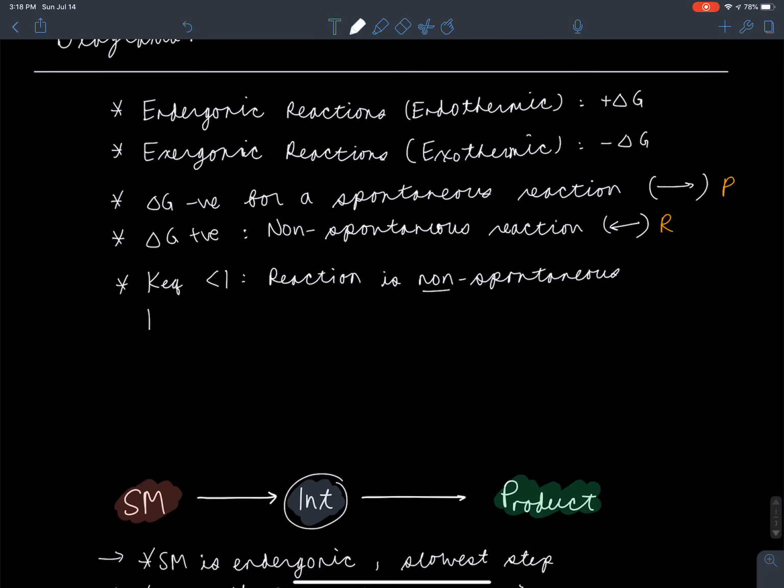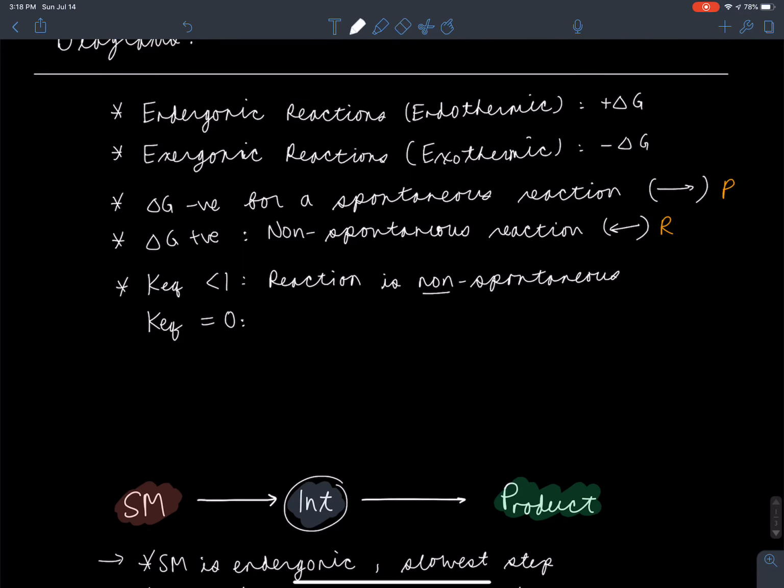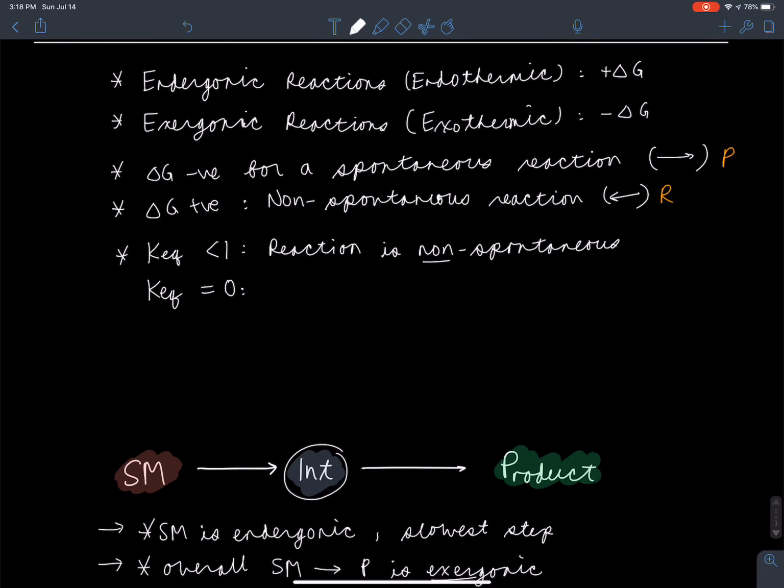When it's equal to 1, that is the system's equilibrium. And when K at equilibrium is greater than 1, that's when the reaction becomes spontaneous.